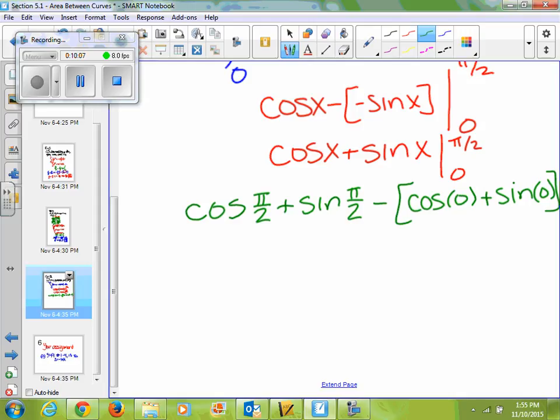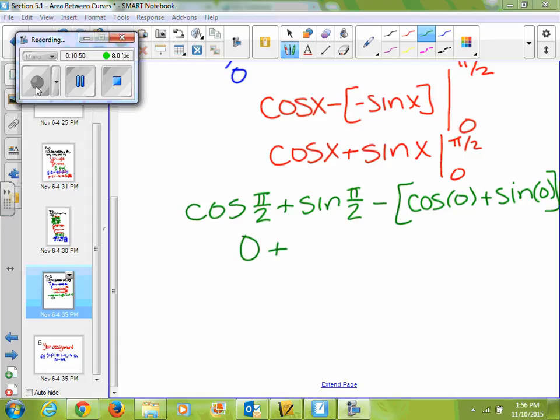Okay, well, what's cosine of pi over 2? Okay, so cosine of pi over 2 is 0.